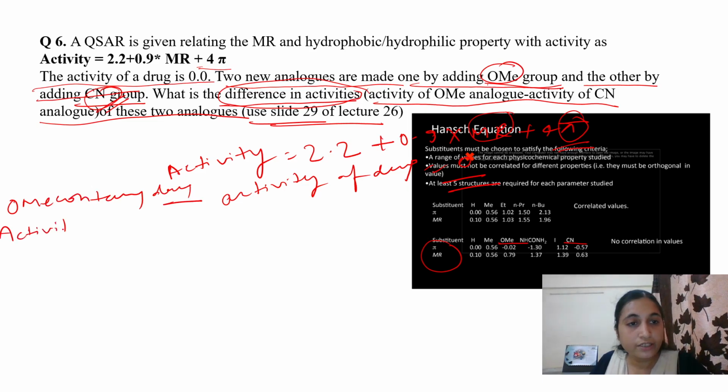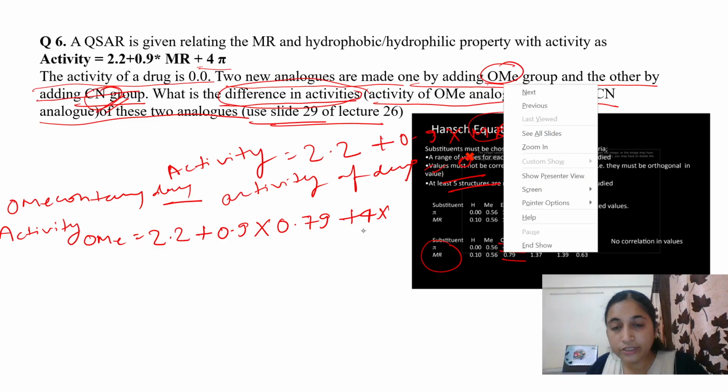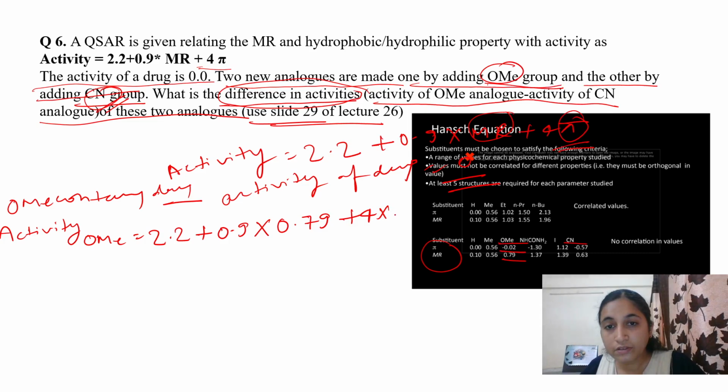So activity of OMe equals 2.2 plus 0.9 into MR of OMe group, 0.79, plus 4 into pi value, which is given as minus 0.02.